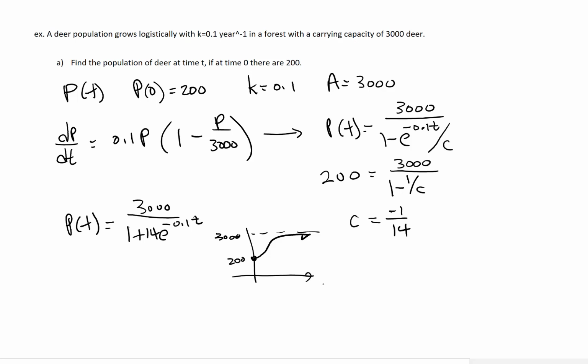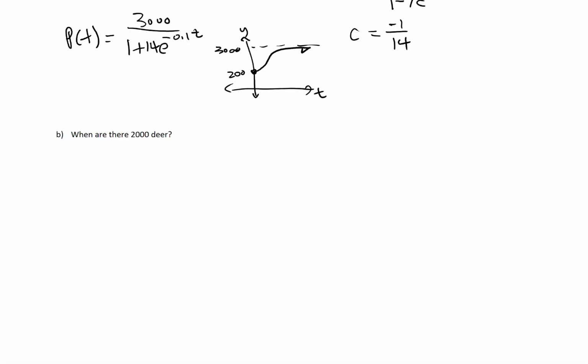And then you can ask a question like, when are there 2,000 deer? And now that we have a formula, we can just put in that the population is 2,000 and solve for t.